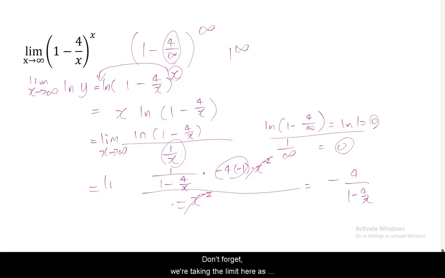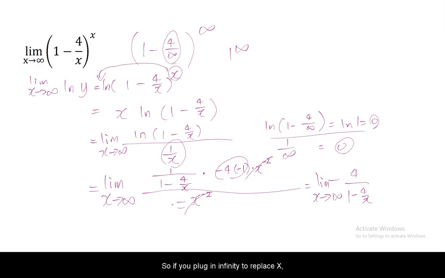Don't forget we're taking the limit here as x approaches infinity. So if you plug in infinity to replace x, you will have negative 4 over 1 minus 4 over infinity, which is pretty much 0, so that's a negative 4.